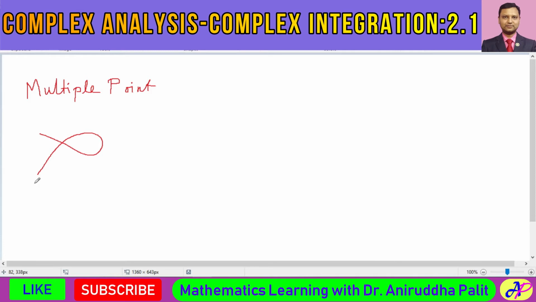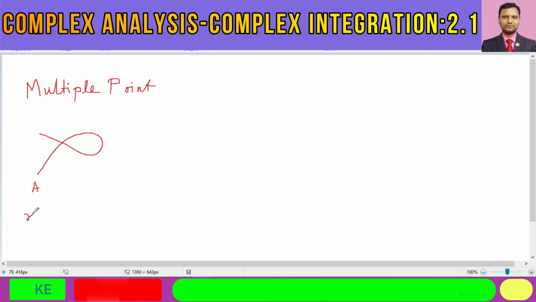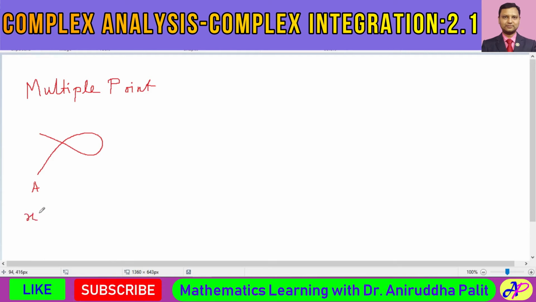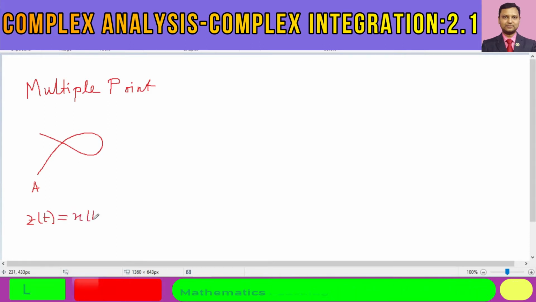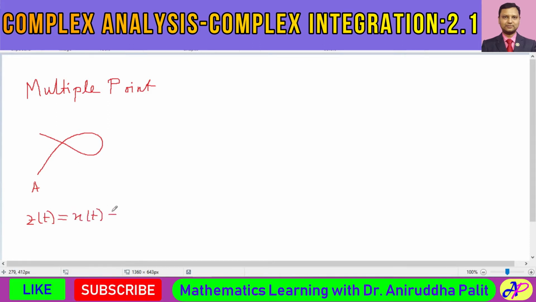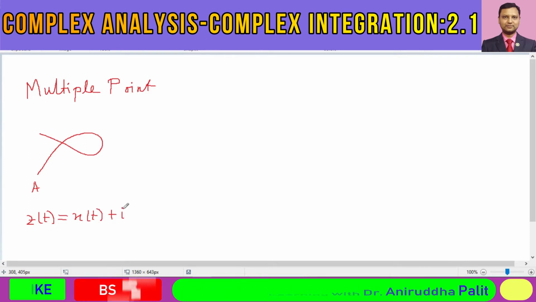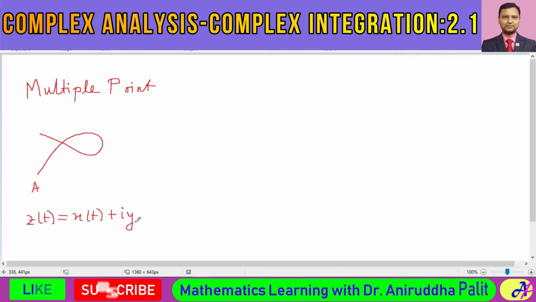So the curve starts from the point A, and suppose any point on the curve is represented by the function z of t equal to x of t plus i multiplied by y of t.